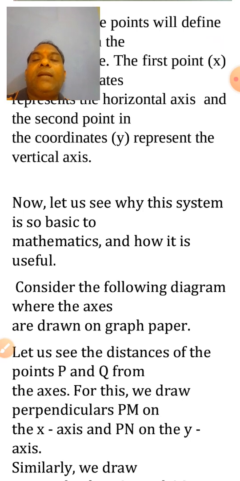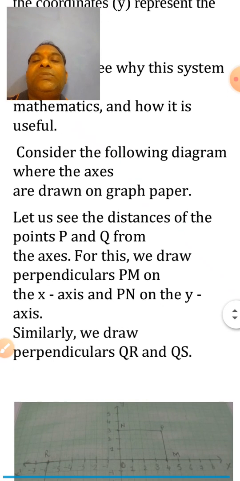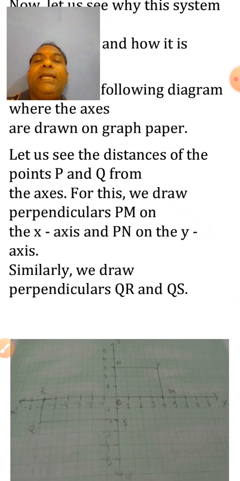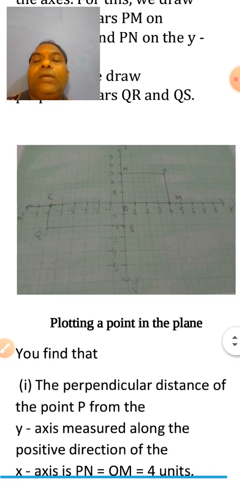Consider the following diagram where the axes are drawn on the graph paper. Let us see the distances of the points P and Q from the axis. For this we draw perpendicular PM on the x-axis and PN on the y-axis. Similarly, we draw perpendicular QR and QS.